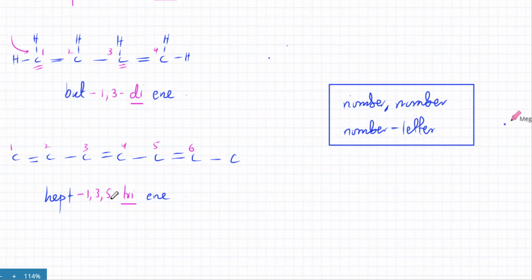So if you want to write 1,3,5, don't write a dash, it's going to be a comma. And when you have a 5 and a letter coming next to it, there's going to be a dash. They would probably not cut marks if you don't follow that, but that's the convention.